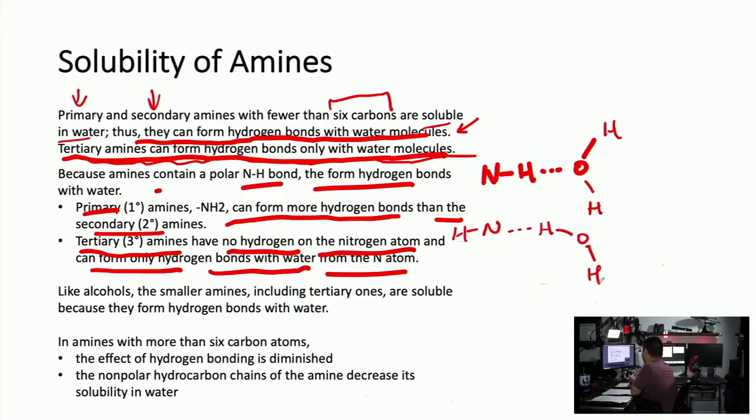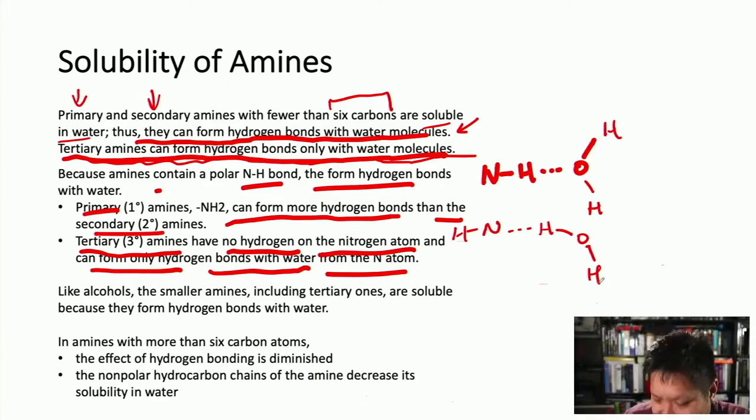Primary and secondary amines can do it, right? Because they have at least one hydrogen there to form a hydrogen bond both ways with water or any other hydrogen bonding capable molecule. But tertiary amines don't have any hydrogens.